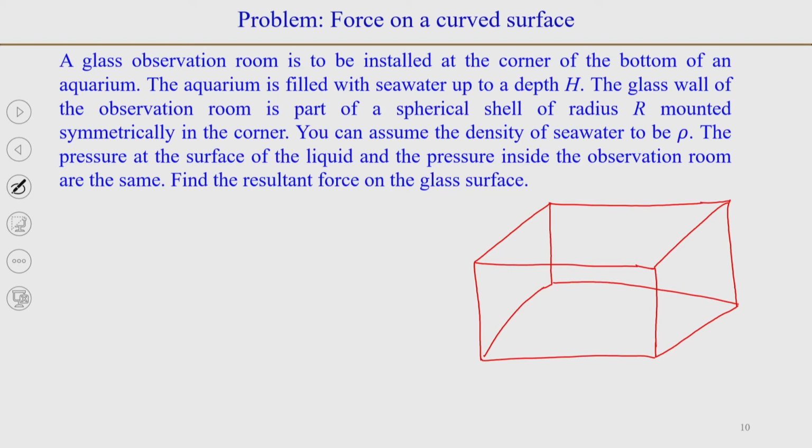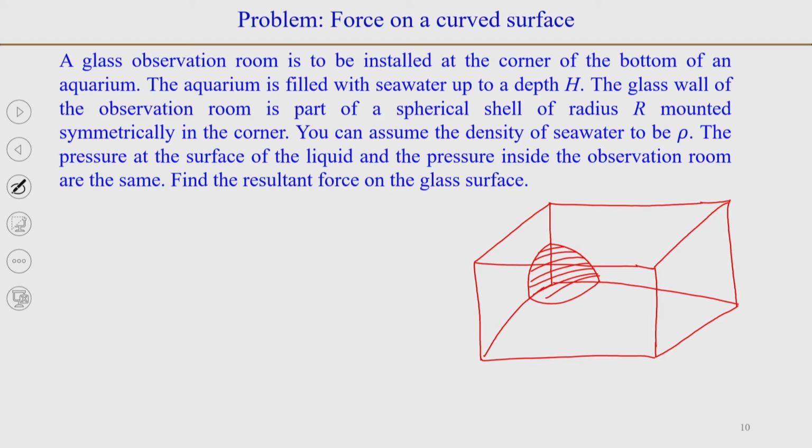Let us say that there is a glass enclosure somewhere here, and we can hatch this surface so that it is easily identified. This will be 1/8 part of a spherical cell.